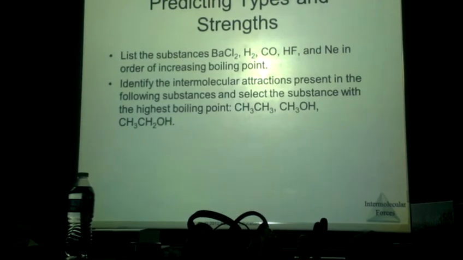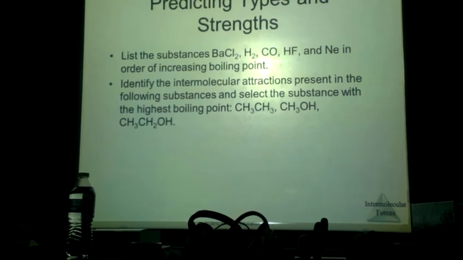Okay, so what I'd like you to do, you had that one question before about hydrogen bonding. We also have this one. I want us to try to predict types and strengths. It says list the substances that follow in order of increasing boiling point. So how am I going to go about doing that? We already said that the ones that have London dispersion forces are probably going to be the weakest.